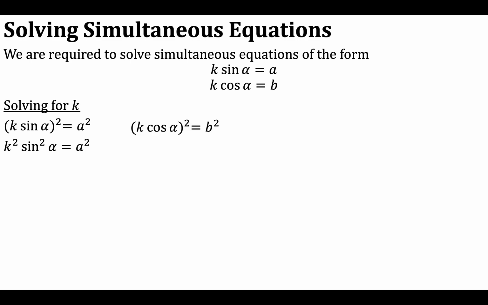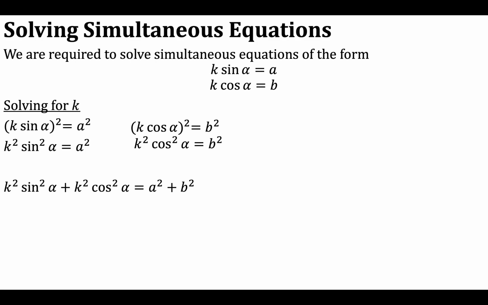And if we do the same to the second equation, which is k cos of alpha equals b, and if we square all of that equation, we will get k squared multiplied by cos squared of alpha equals b squared. And if we now add these equations together, we'll get k squared sine squared alpha plus k squared cos squared alpha equals a squared plus b squared.